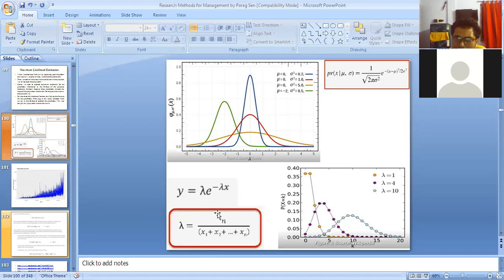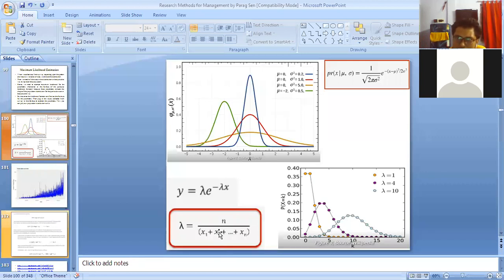You know your n because you have a set of data. You also know your x values, the values in your set. So using this formula, you can determine your lambda. This procedure is known as maximum likelihood estimation.